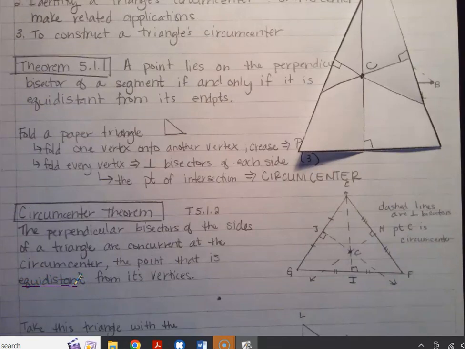So this point is equidistant from all of the vertices. The dashed lines are perpendicular bisectors, and point C is the circumcenter here.